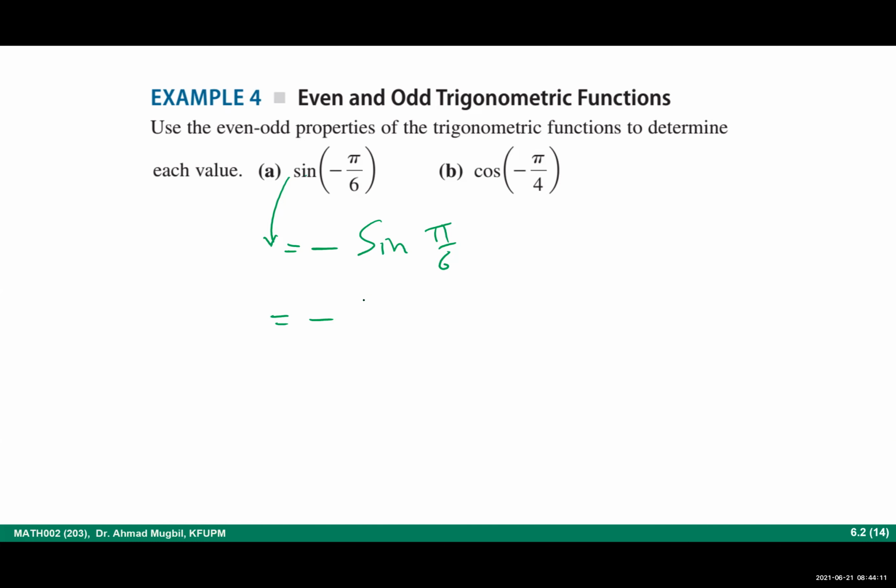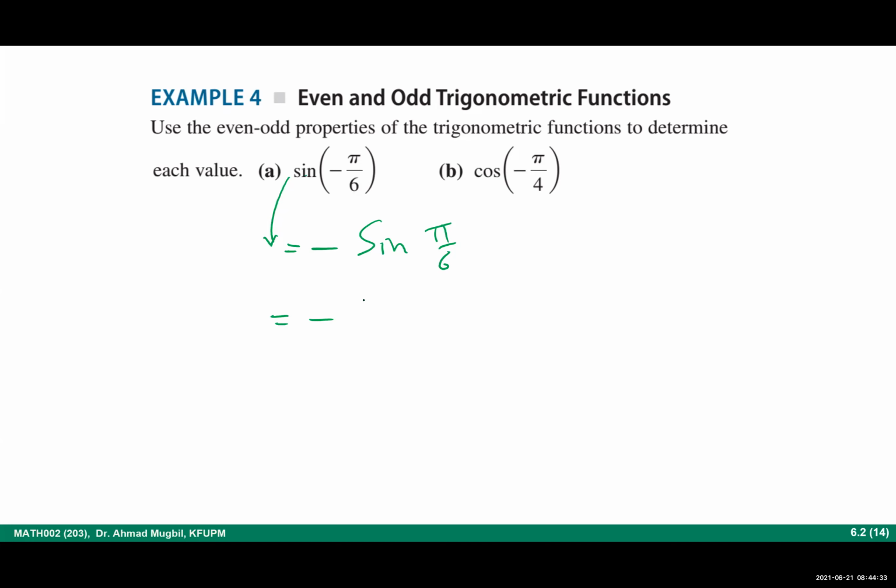Yes, ya Ammar, what is sine pi over 6? We don't have time. Actually, I don't know. Okay, thank you. And remember your grade, ya Ammar, in one of the quizzes. Be careful, ya Ammar, please.